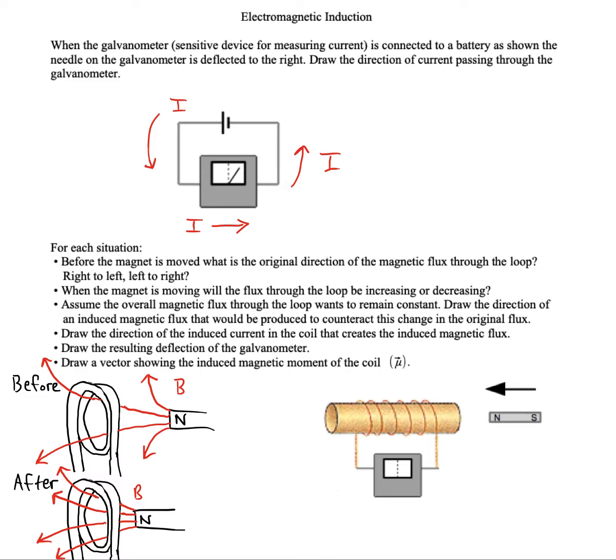So the first step of analyzing this is figuring out in what direction is the field going through the loop in the first place. So there will be a magnetic flux flowing to the left initially, through the loop or through the coil.